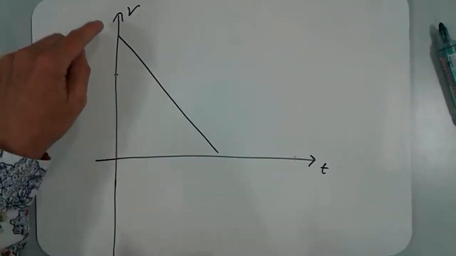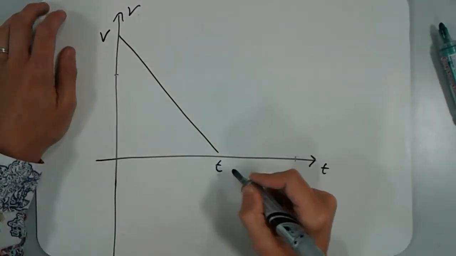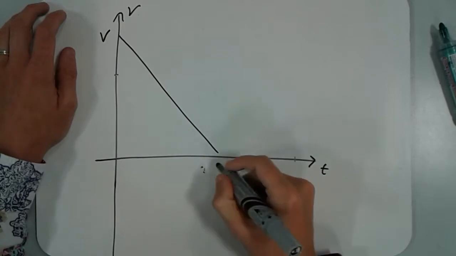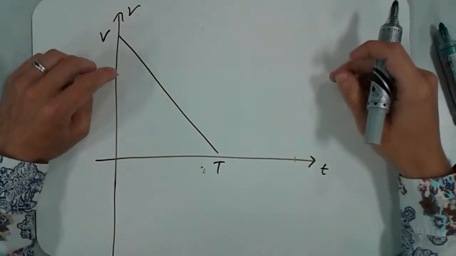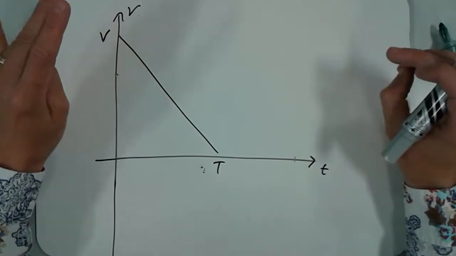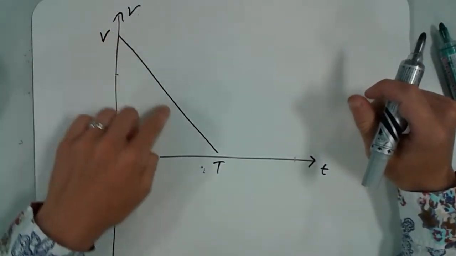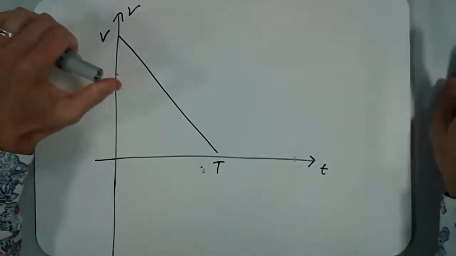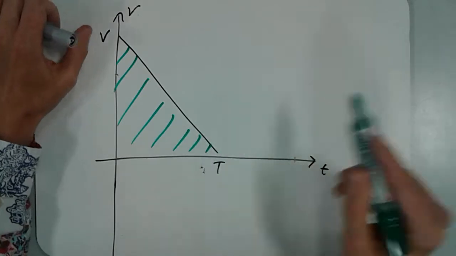So now we can look at this case where we start at some velocity v for some time t. Displacement will be represented by the area underneath this graph. So the displacement is this area here.